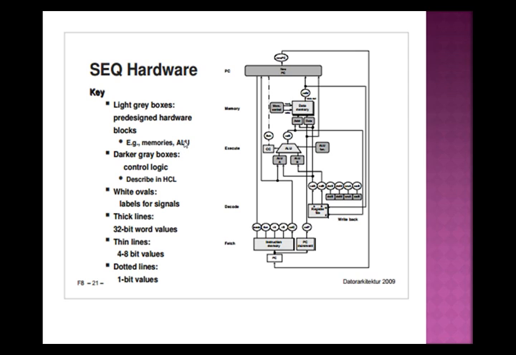As I told you, there are multiple hardware components. The light gray boxes are pre-designed hardware blocks, for example memories and ALU. The darker gray boxes include control logic, described in SCL. What is control logic, and how can we describe it in SCL.